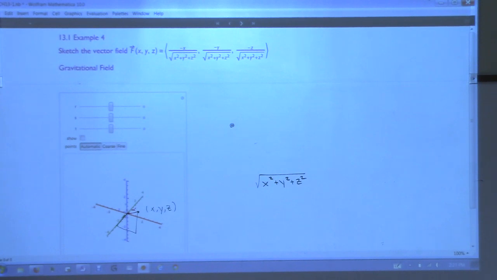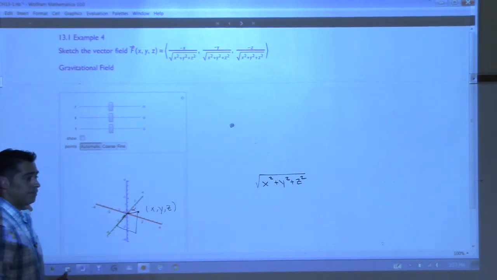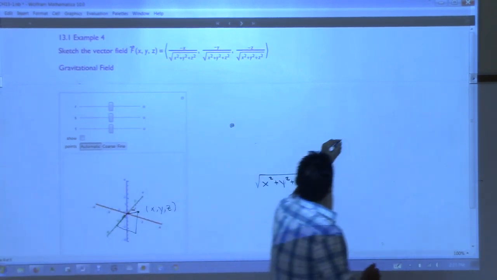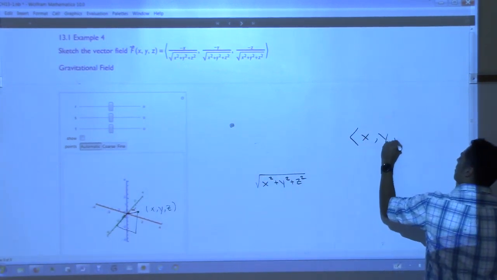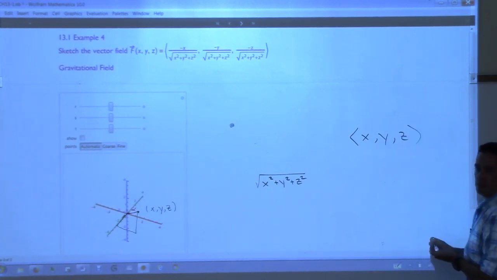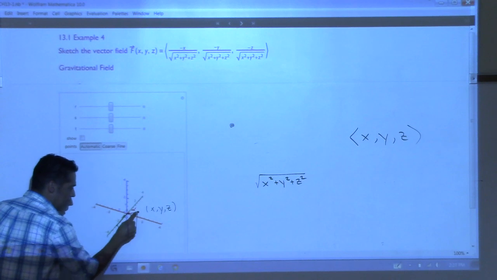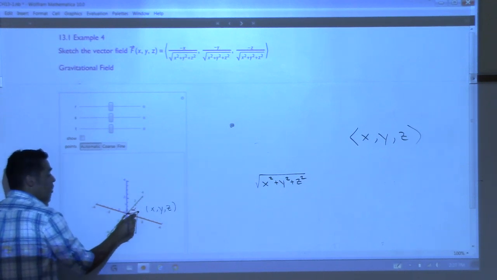Can you tell me something about that unit vector? It's pointed in what direction? Towards the origin. Now, why is it pointed towards the origin? Look, if I just asked you what the vector x, y, z would be. We go to the point x, y, z, that's a point. What would the vector x, y, z be?